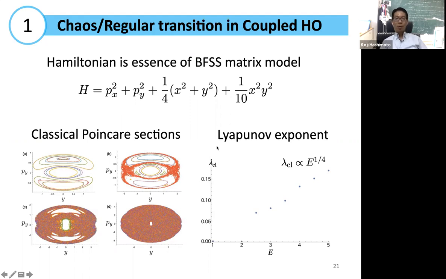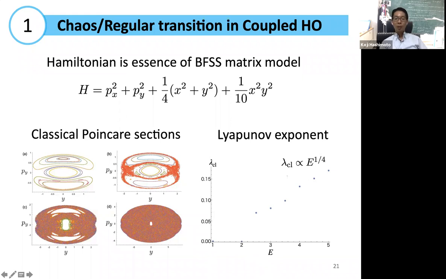When you measure the classical Lyapunov exponent, you can easily see the phase transition. At energy smaller than a certain value, the Lyapunov exponent is 0. However, above that value it becomes non-zero. And at high energy, by using a very nice scaling argument, you can show that the Lyapunov exponent is proportional to E to the 1/4.